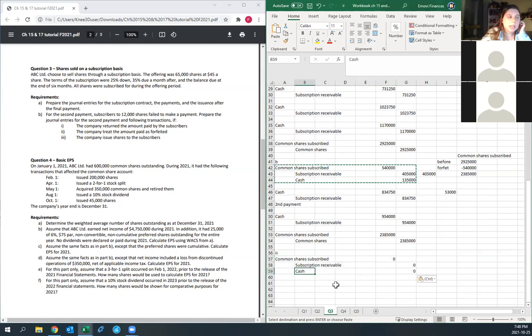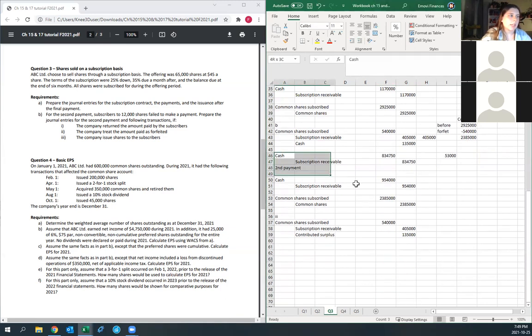And then instead of cash here, it's going to be contributed surplus for the same amounts. And then the transactions here for the second, third, and issuance of shares are the same.